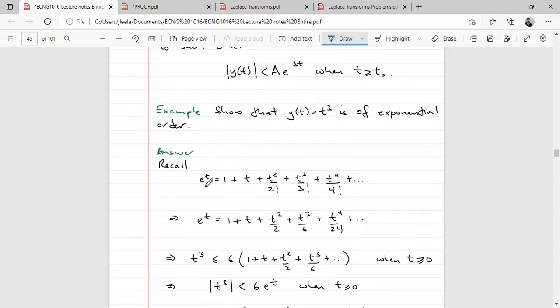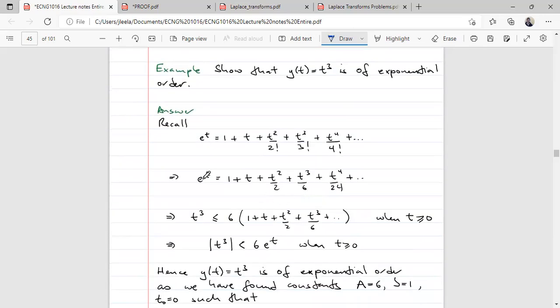So if you expand e to the t, you'll get 1 plus t plus t squared over 2 factorial plus t cubed over 3 factorial and so on. So this would be 1 plus t plus t squared over 2 plus t cubed over 6 plus t to the power 4 over 24 and so on.